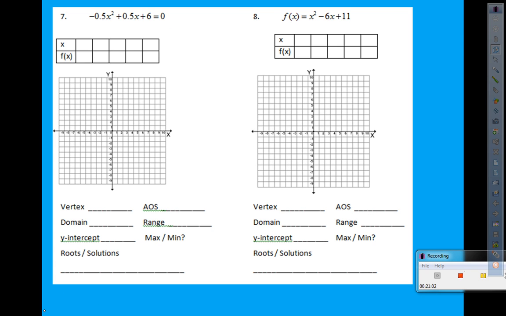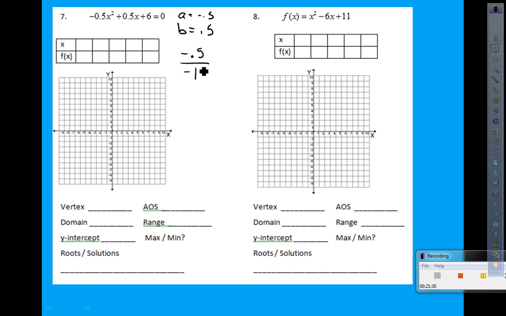So here's my number 7 and number 8. Hey, don't be scared because there's a fraction in there. Big deal. In this case, A is -0.5 and B is 0.5. So I'm going to go the opposite of B, which is -0.5 over 2 times -0.5, which would be -1.